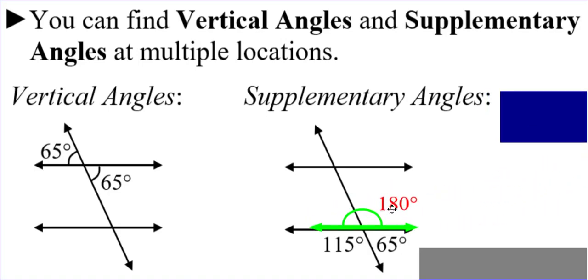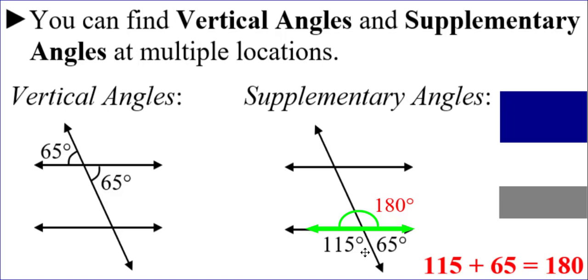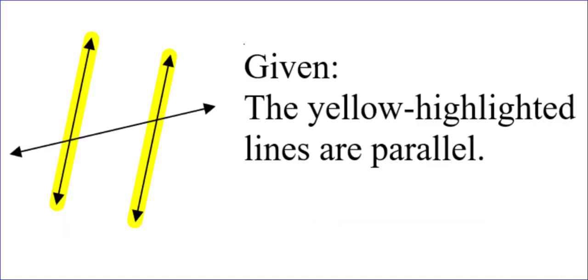You'll recall any type of straight angle will be 180 degrees. So if you see two angles that are adjacent side by side that together form the straight angle, they will add up to equal the measure of the straight angle, which is 180 degrees. That's what we mean by supplementary angles. And there are many different pairs of supplementary angles and many different pairs of vertical angles that you can find in these types of drawings.